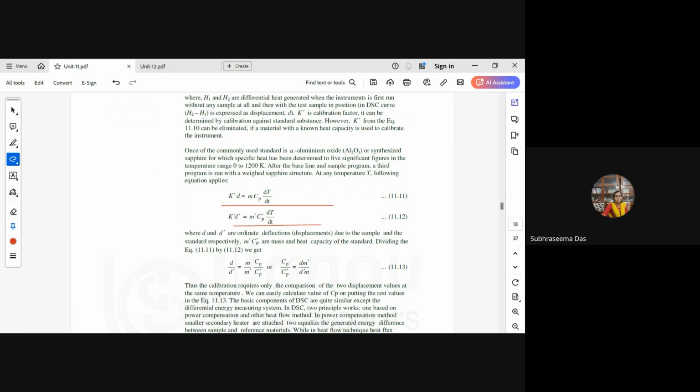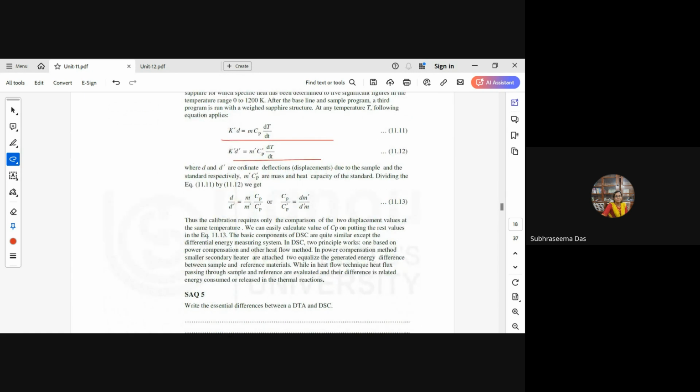Dividing both equations, we get a very common equation, that is Cp by Cp' is equal to dm' by dm. So using this equation, we can easily calculate the value of Cp on substituting the exact values at the exact places.